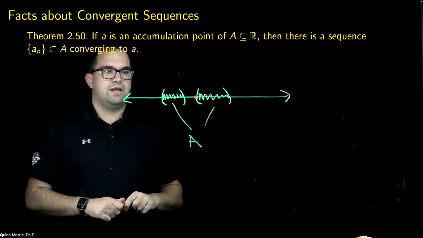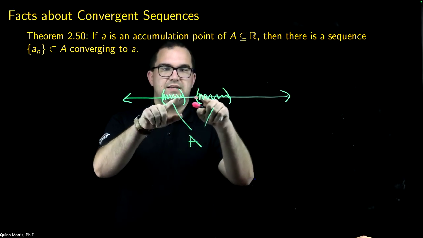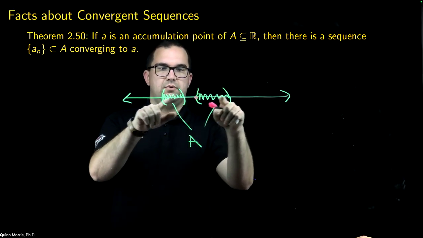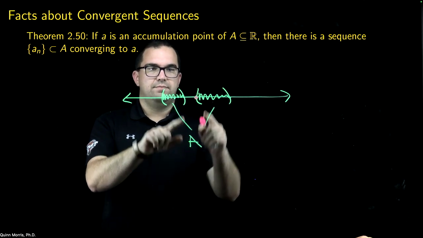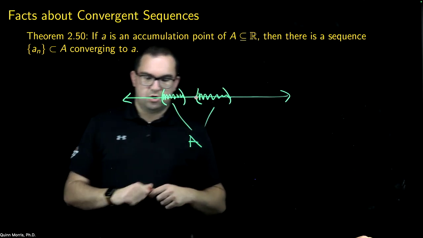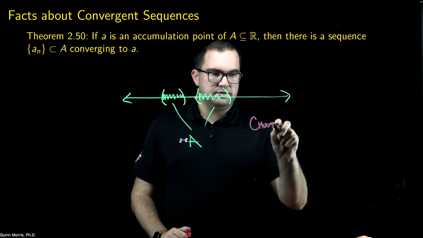And so what I'd like to do is say that I can construct a sequence of real numbers, each of which lies in this set capital A, that converges to this point. So the idea is that you're going to choose your sequence.